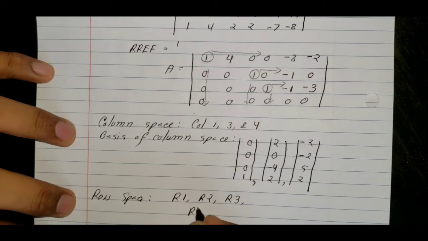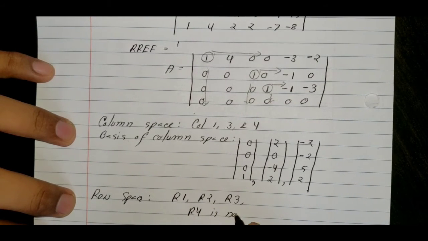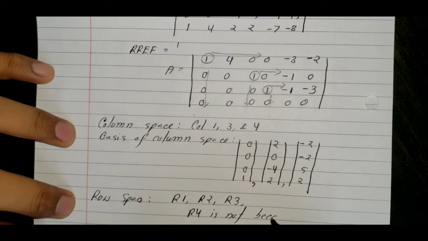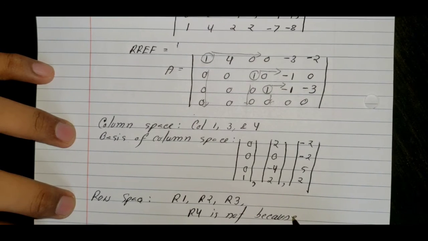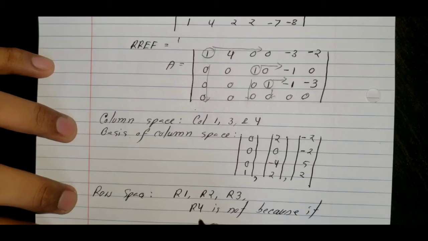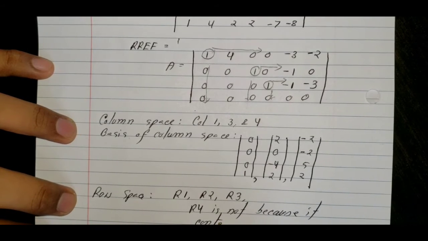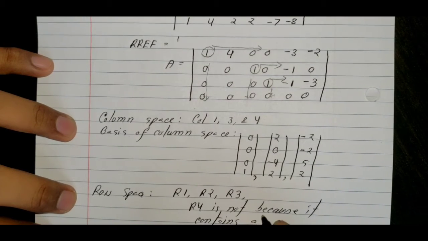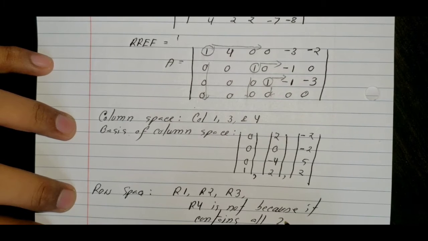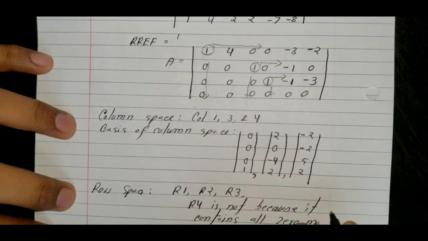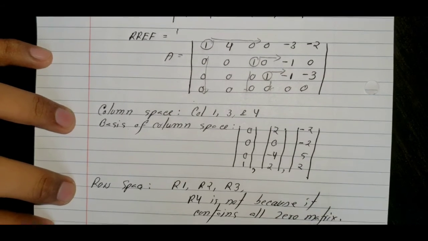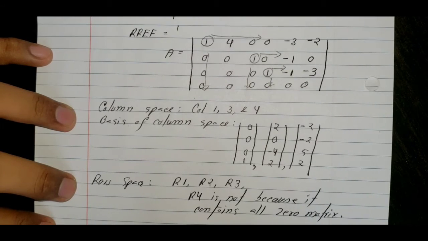Row 4 is not, because it contains all zeros, so you cannot count it as a row space.